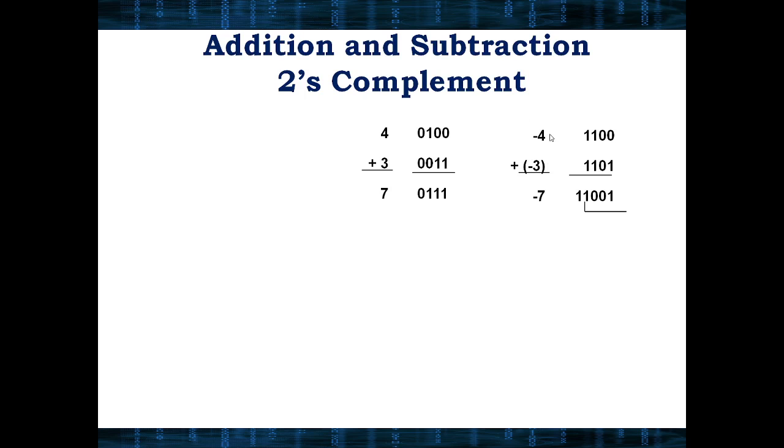Next is minus 4 plus minus 3. In decimal addition we will get minus 7. But here both the values are negative. So we have to take the 2's complement of minus 4 and the 2's complement of minus 3, then do an addition operation.